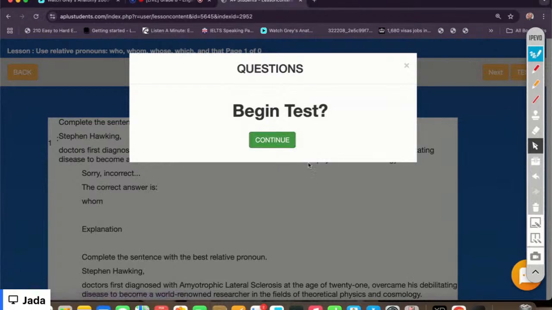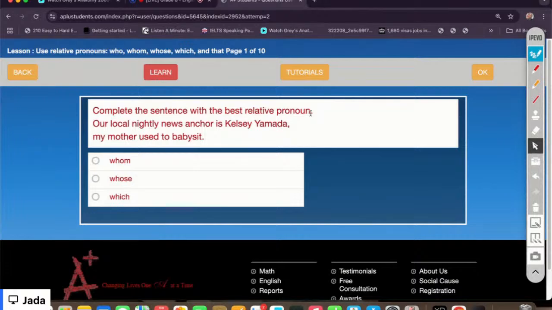So moving on to the test. So complete the sentence with the best relative pronoun.